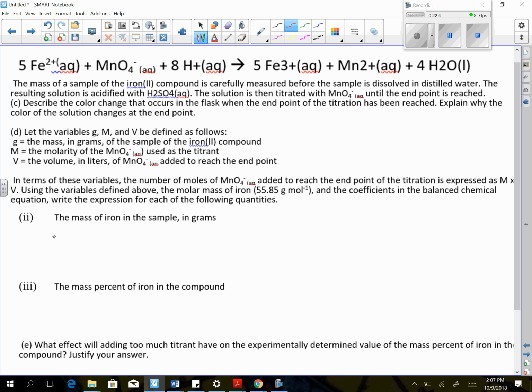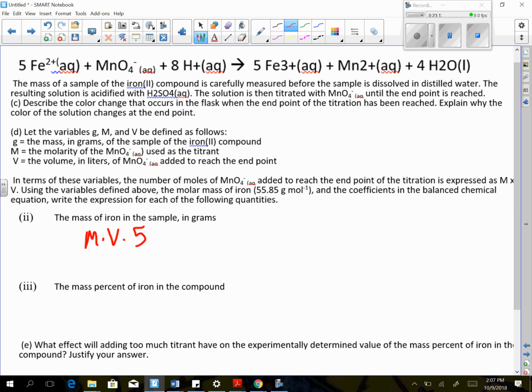So if we start with what we did in the last problem, and in the last problem, what was it? M times V times 5. M times V times 5. So that is the number of moles. And then how would we get the mass of the iron?